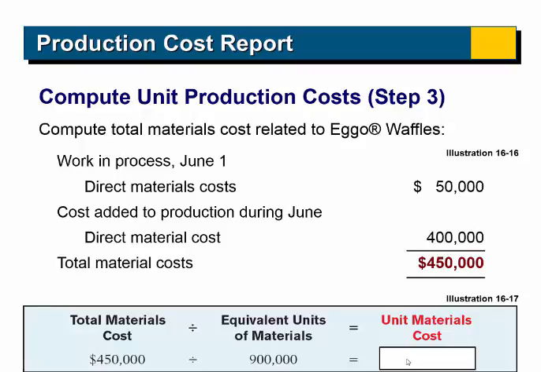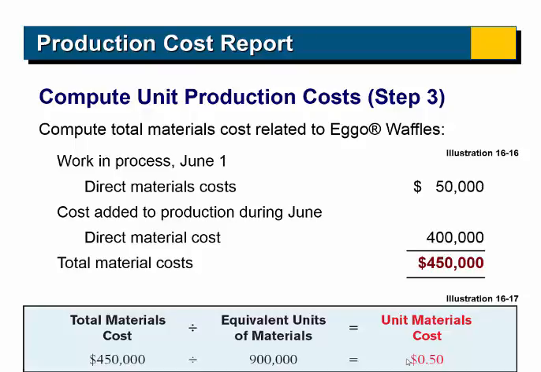Taking the $450,000 divided by 900,000 in equivalent units for materials, we get a per unit cost for materials at 50 cents each. And we're going to use this number to calculate cost of materials for the 700,000 units that were transferred out to the next department, or even possibly to finished goods, depending on what your homework questions or test questions could be asking you.